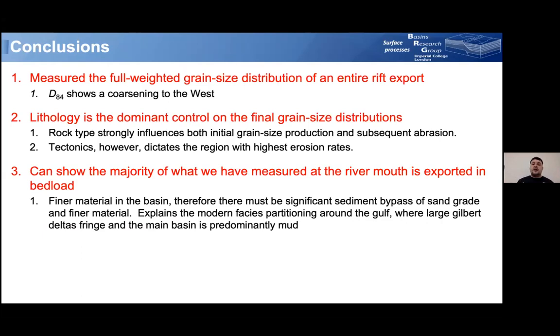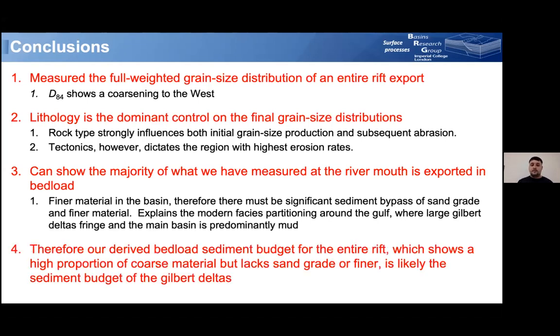We can show that the majority of what we've measured at the river mouth is exported in bed load. So there's finer material in the basin, as Lisa showed. Therefore, there must be significant bypass of sand grade and finer material because we're sieving and we don't see it. So our data explains the modern facies partitioning around the Gulf, where we see large Gilbert deltas fringing and the main basin is predominantly mud.